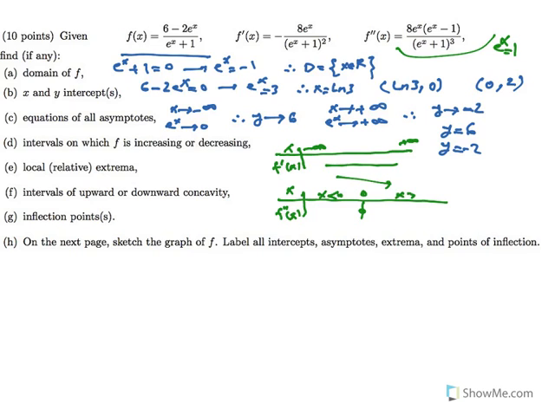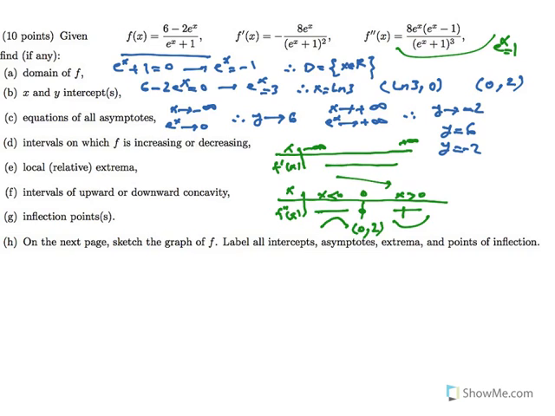More than 0, pick a number, plug it into the second derivative. If you plug in any number more than 0, you get a positive number. And if you plug in any number less than 0, you get negative. Therefore, for x less than 0, the function is concave down, more than 0, concave up. Plug 0 into the original function. We already did it. 2 is the point of inflection.